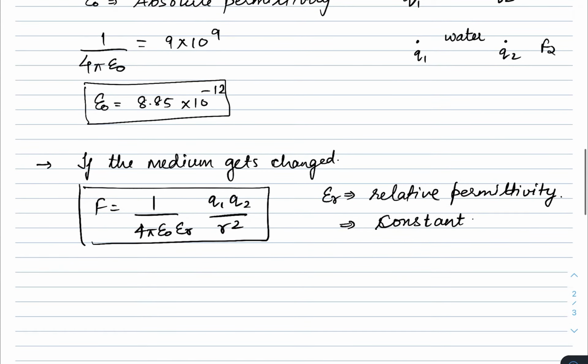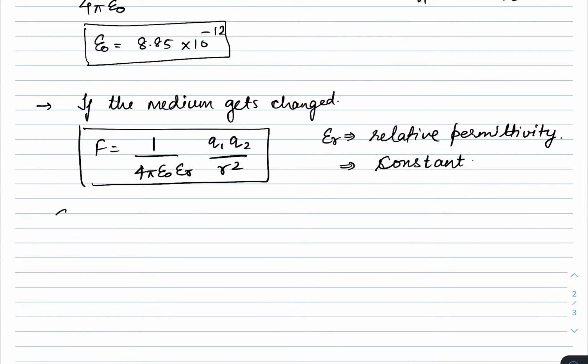I'll tell you some values of epsilon r, which will give you an idea of what epsilon r does, and how you can calculate the force in another medium. Epsilon r for air or vacuum is approximately equal to 1, right? We take 1 for vacuum.